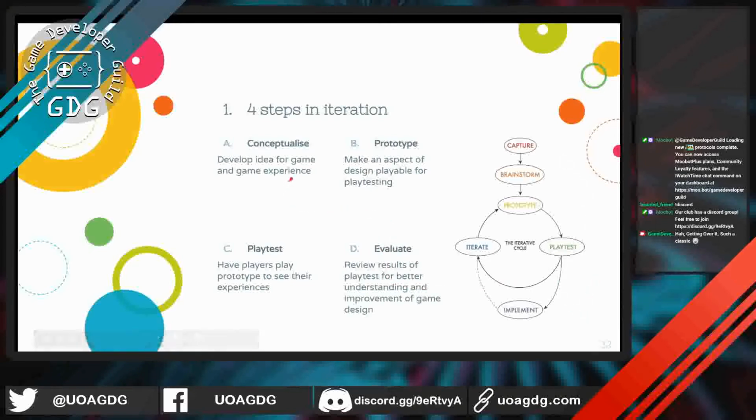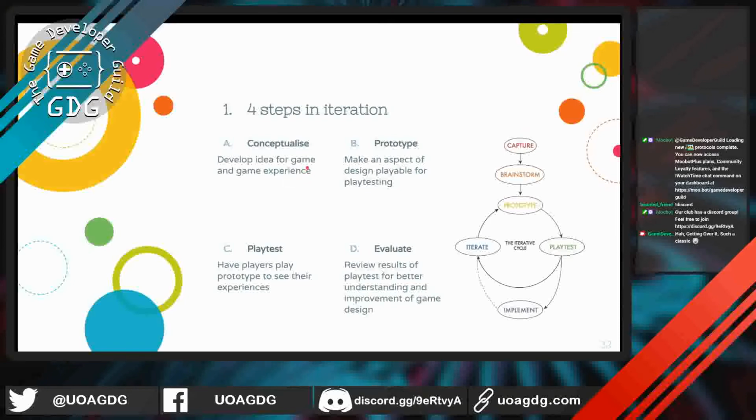So these 4 steps: conceptualize. In this case, it's represented by these 2 circles. So you have an idea, you brainstorm ideas for it, or you want to test it out. You think of a way to implement key mechanics for the play experience.